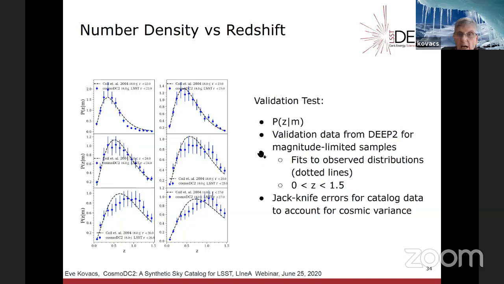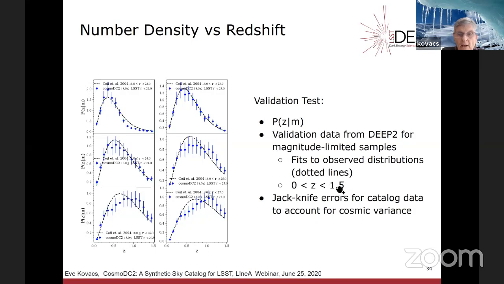And the data is from DEEP2 fitted to observations. So the DEEP2 distribution is fitted to observation, and that's shown in the dotted black line. And the blue points are the points from CosmoDC2.